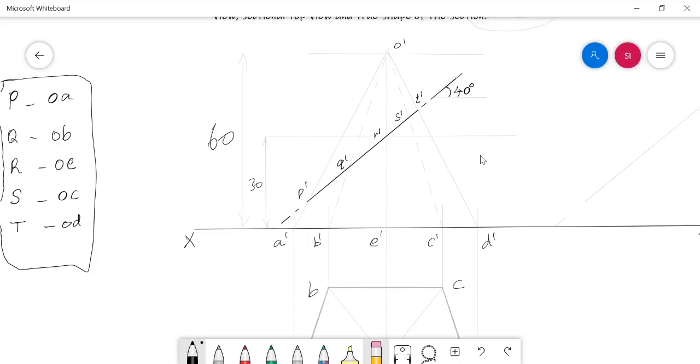And now you have to decide which portion is the retained portion and which portion is the removed portion. The portion which lies between the observer and the cutting plane can be considered as the removed portion, and the other portion is the retained portion. We have to darken the edges in the retained portion.